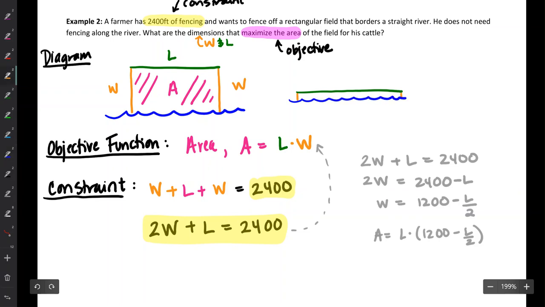Cows probably wouldn't like that. Or maybe they're a little bit more equal to each other. But the amount of fencing that I have has to add up to 2,400, and if the length was the entire 2,400, we'd have no fence. So for our domain, 0 would be less than or equal to L, which would be less than or equal to 2,400.